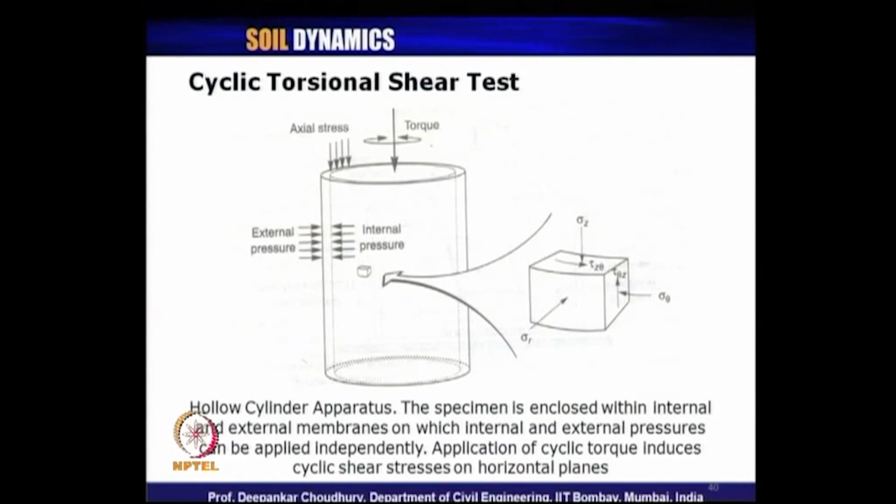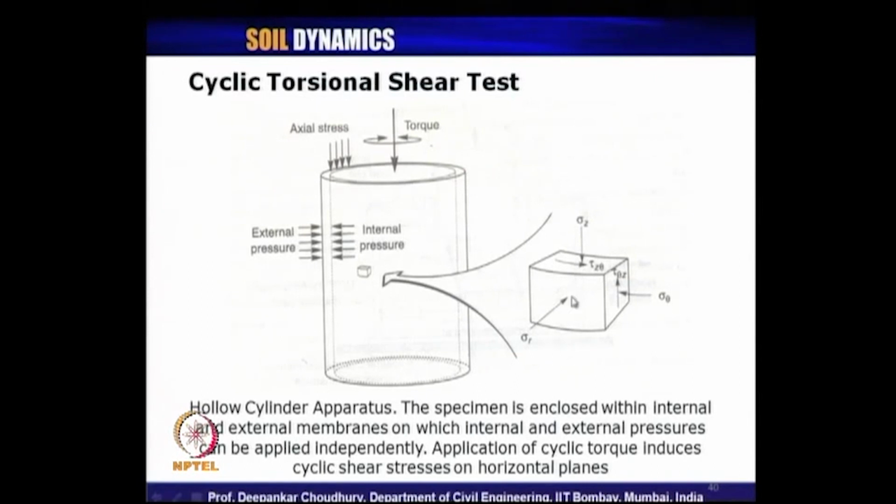Then another type of large strain test is the cyclic torsional shear test. What we do in this case, suppose we have an annular or hollow cylindrical apparatus like this. We apply the axial stresses, provide a torque in the soil specimen, and then internal pressure and external pressure get generated within the soil sample and torque is applied.